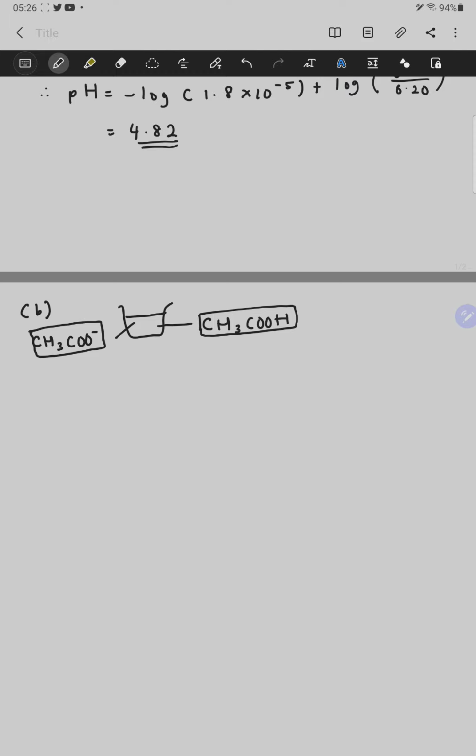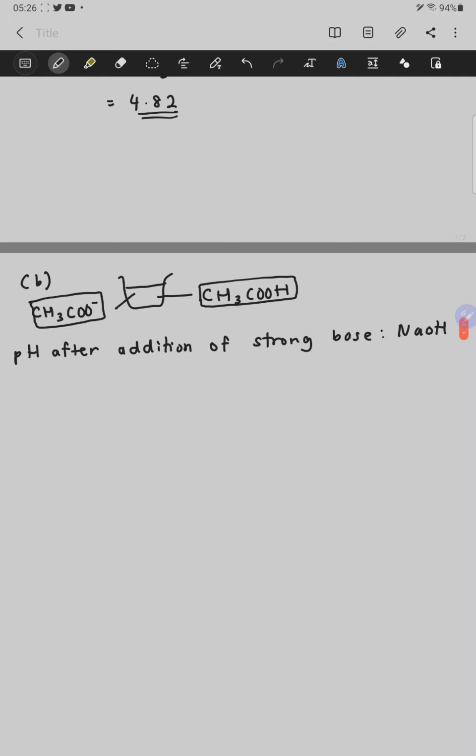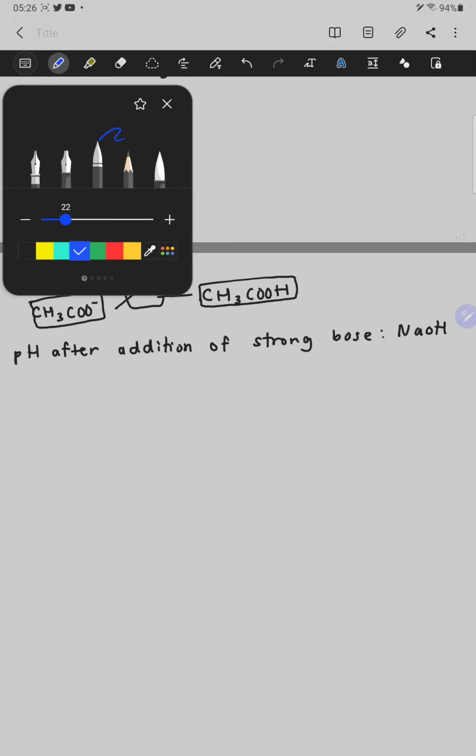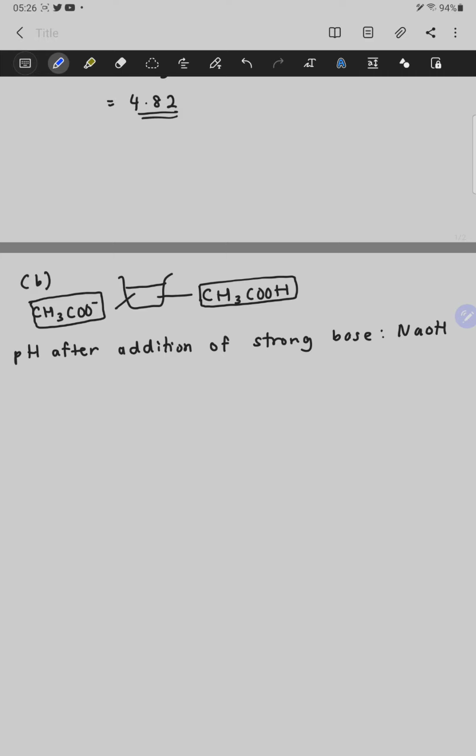Okay, so kita nak cari pH after addition of strong base, which is sodium hydroxide. Okay, so semua orang tahu that bila kita masukkan sodium hydroxide inside the buffer right now, sodium hydroxide tu akan dissociate menghasilkan OH-. Okay, so in order untuk maintain the pH, buffer need to remove OH- dengan cara kita neutralize.